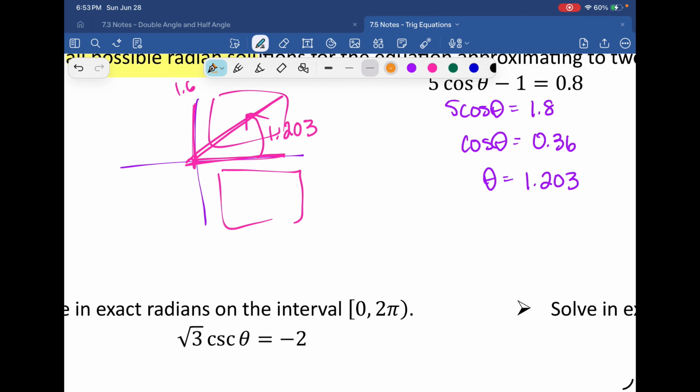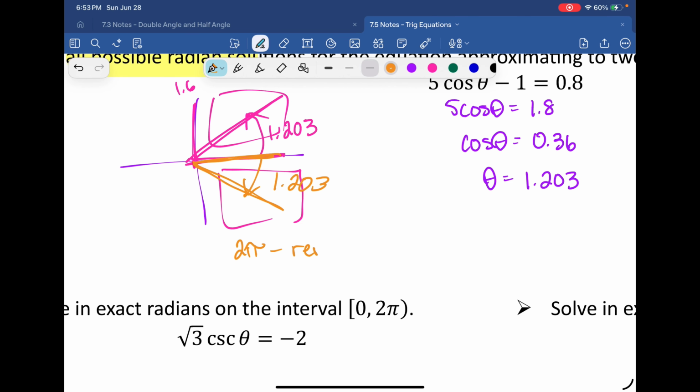That also means that 1.203 is the reference angle in quadrant 4. Remember, to get those angles, 2 pi minus your reference angle.